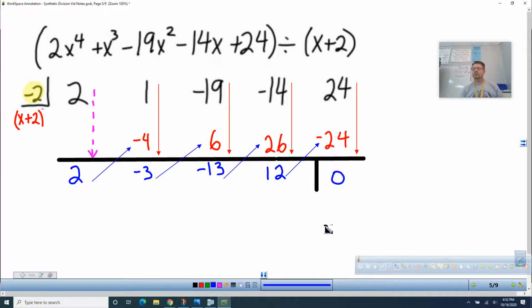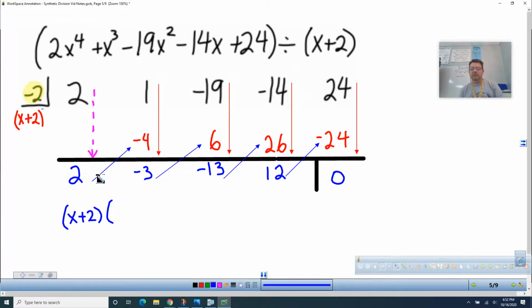Well, that's kind of cool, right? So this expression here, 2x to the fourth plus x to the third minus 19x squared minus 14x plus 24, how could we do that? Well, we're saying that you could take x plus 2 times, remember this is the constant, x to the first, x to the second, x to the third, one less than that guy up there.